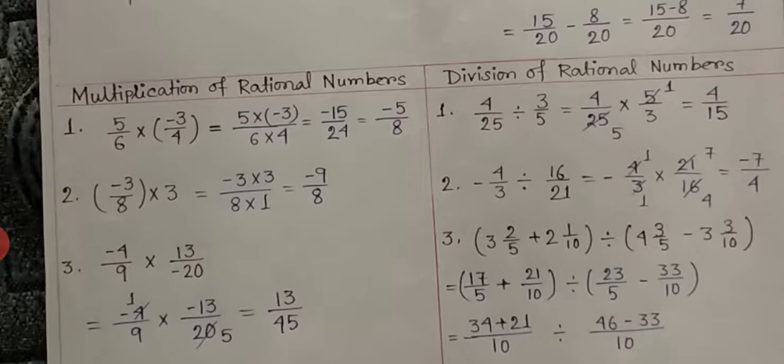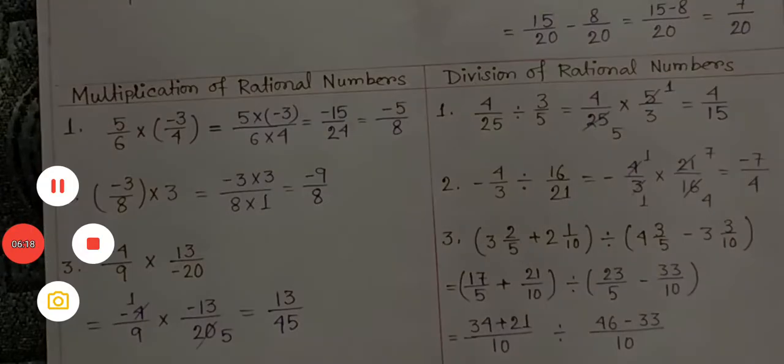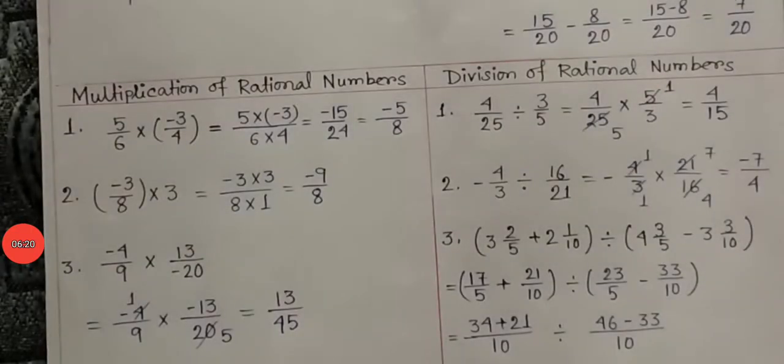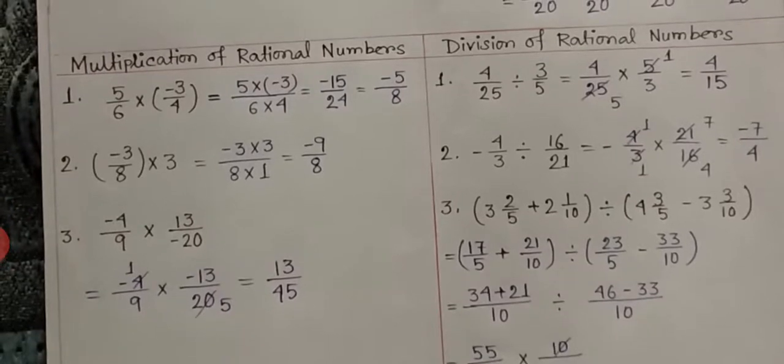So, as the similar process, the multiplication took place and the result is minus 9 by 8. Coming to the third example, minus 4 by 9 into 13 by minus 20.